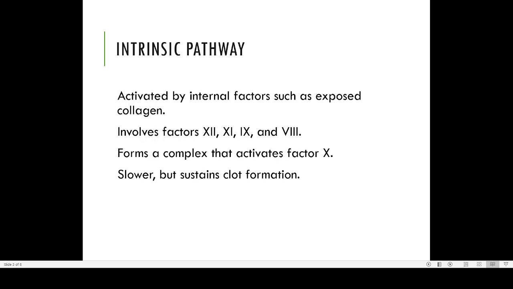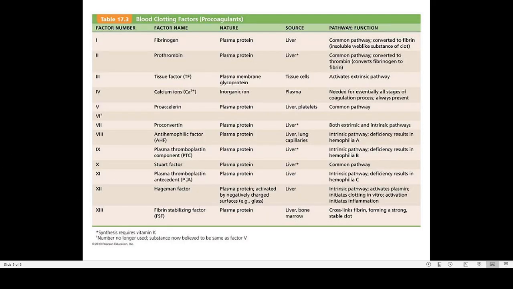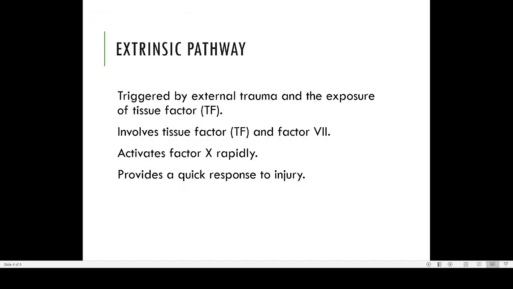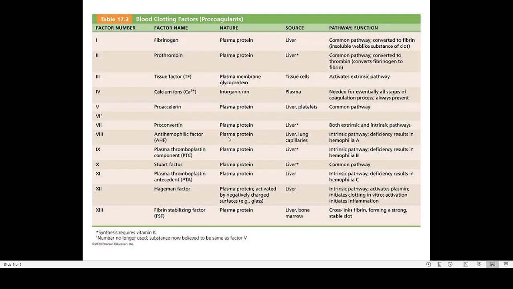The intrinsic pathway mainly consists of these factors: factor 12, factor 11, factor 9 and factor 8. These are the main factors, and they will activate factor 10, the Stuart factor. Factor 12 is the Hageman factor, and factor 11 is plasma thromboplastin antecedent, PTA.